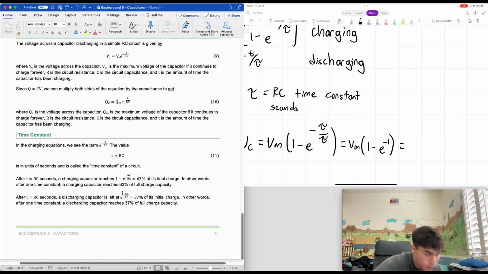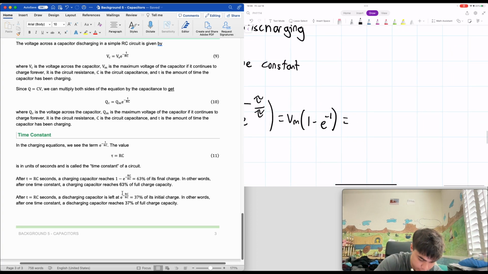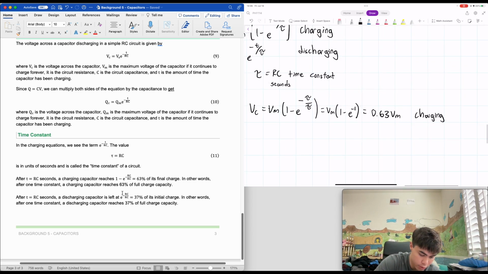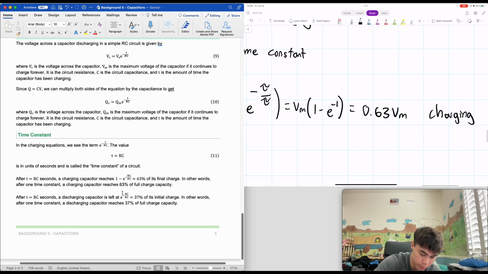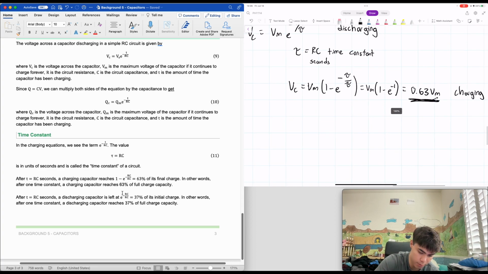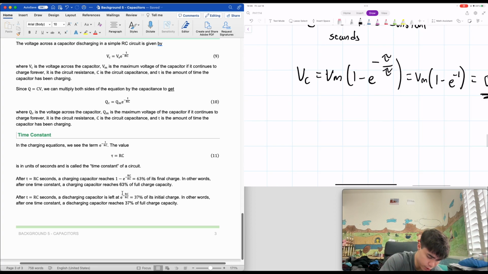Now, 1 minus e to the negative 1 is 0.63. For a charging circuit, after one time constant, we've reached 63% of our final maximum voltage. For a discharging capacitor, we have Vm times e to the negative t over tau.